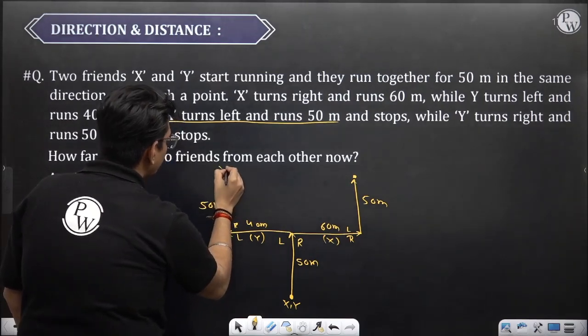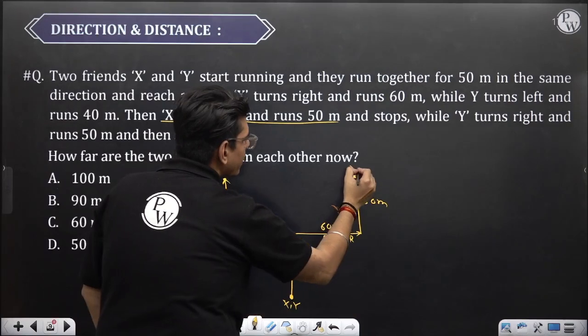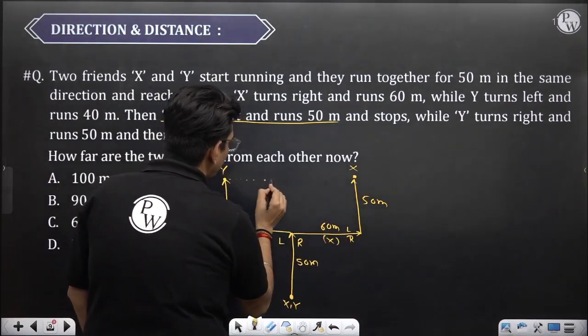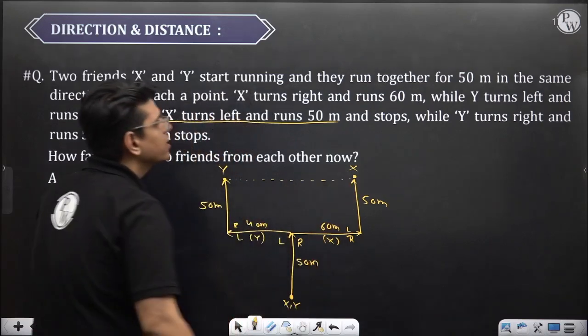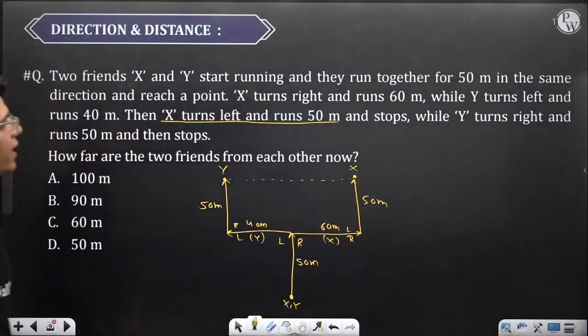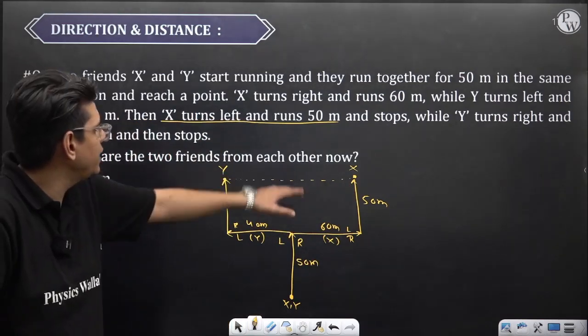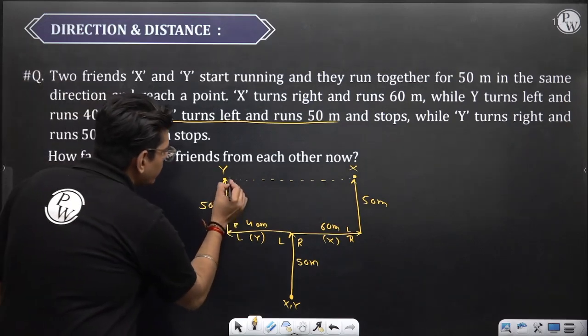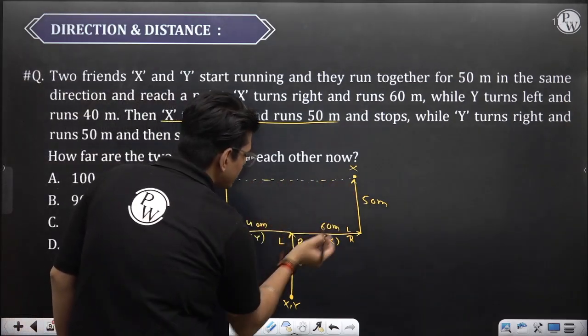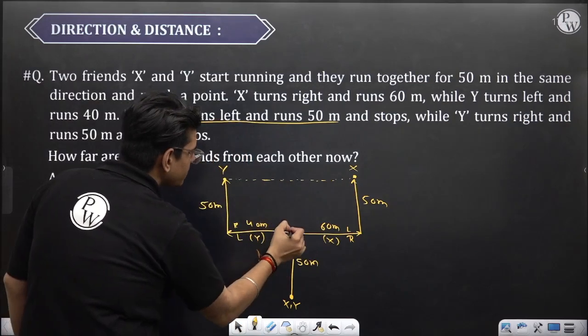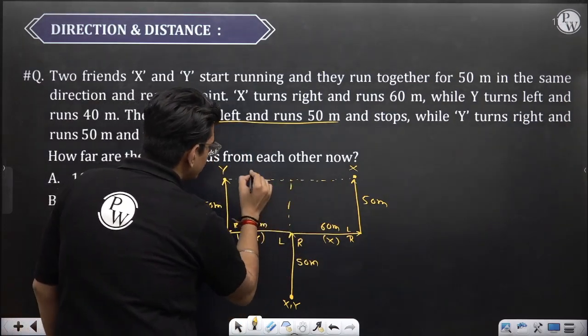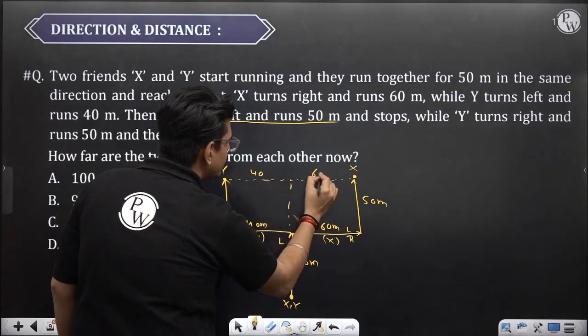This is the final position of Y, this is the final position of X. They are in the same line. Now what is the question asking? How far are the two friends from each other? So we need to calculate this distance. This distance is nothing but 40 plus, if we project, this is 40, this is 60.